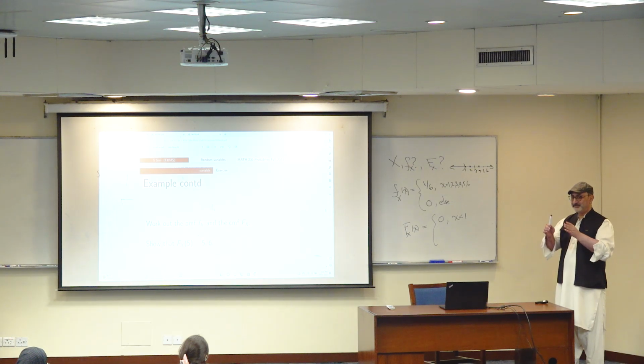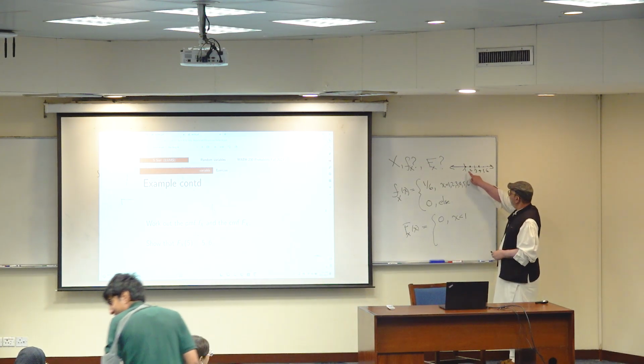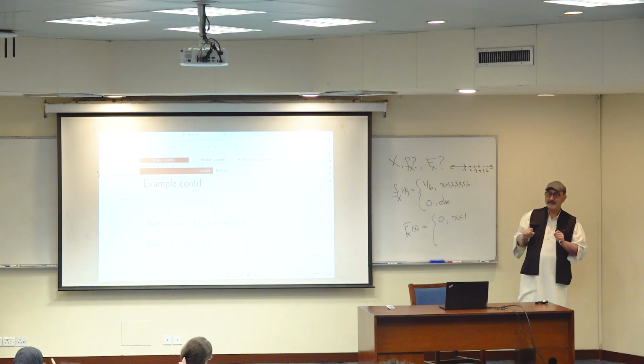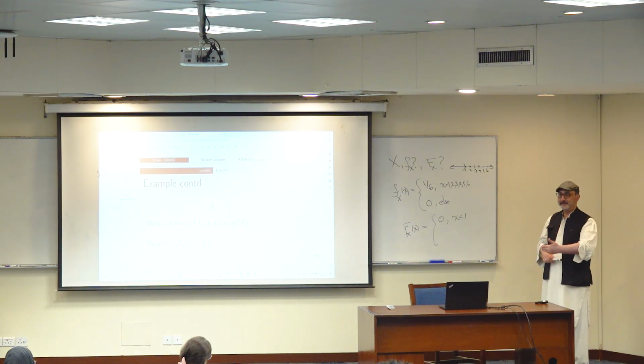Now, can you give it to me for another segment of the real line? If x was allowed to be 1, then the probability would be 1/6. What about 1.5? It would be 1/6. How can x take a value less than or equal to 1.5? Well, when x is equal to 1, it's taking a value less than or equal to 1.5. And the probability of that is 1/6.